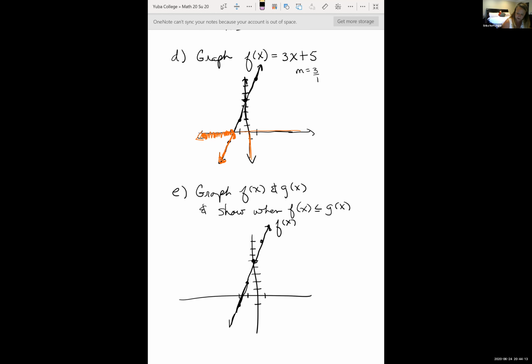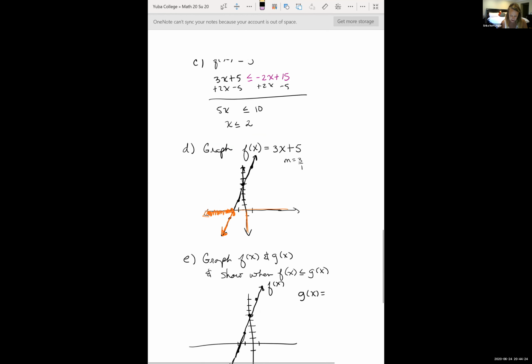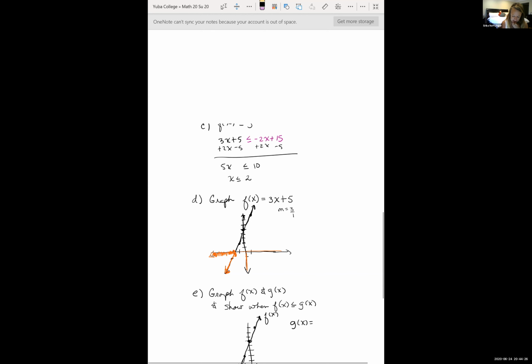G of x, though, that was the equation. What was it? Negative 2x plus 15.